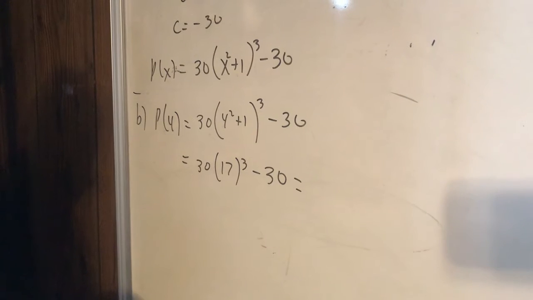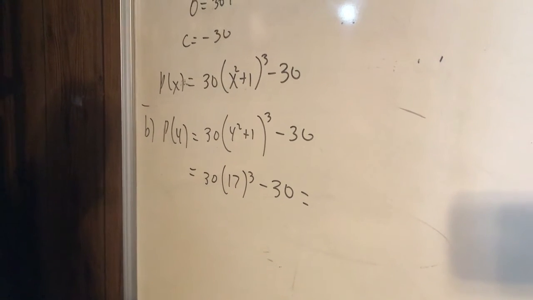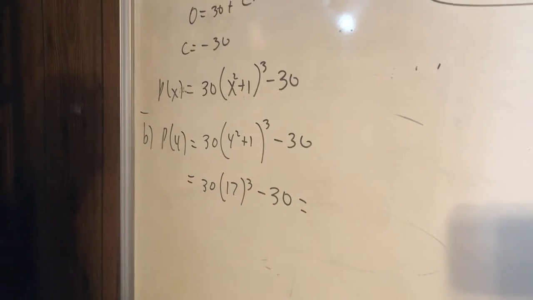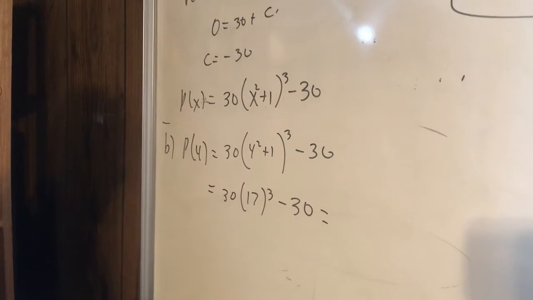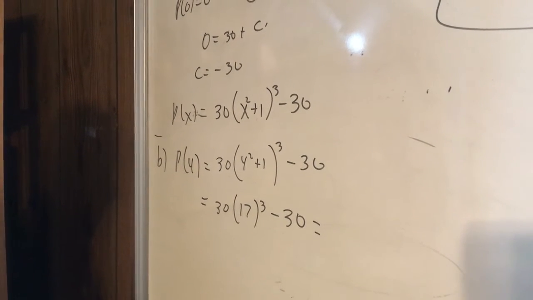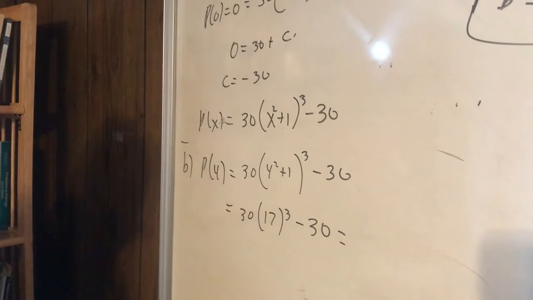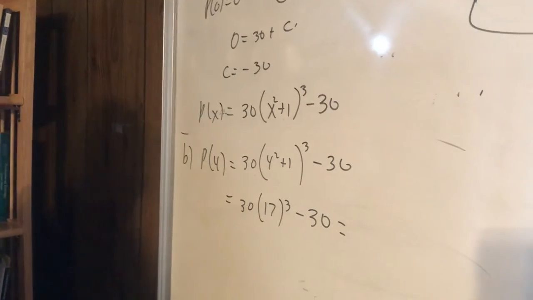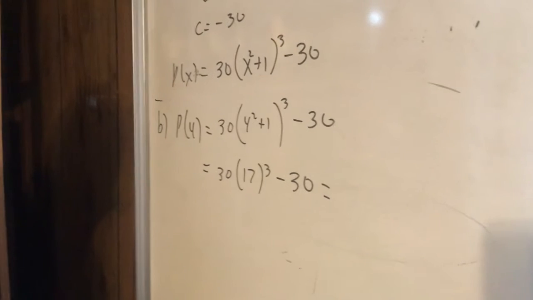17 squared, 17 cubed. By the way, if you notice, I changed the problem from what was in the book, so it's a little bit different. So 4913 times 30, minus 30.